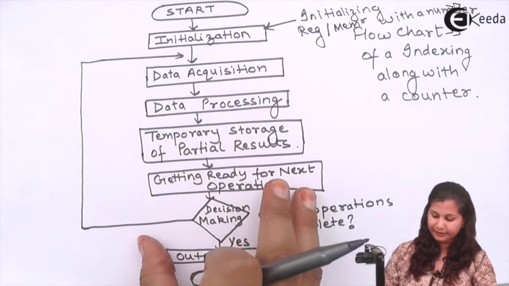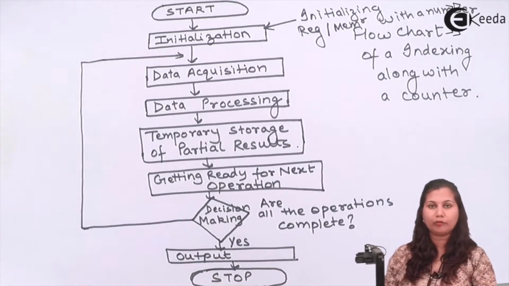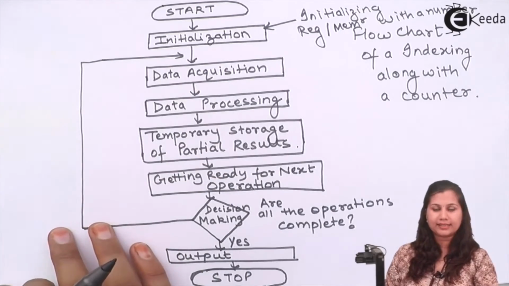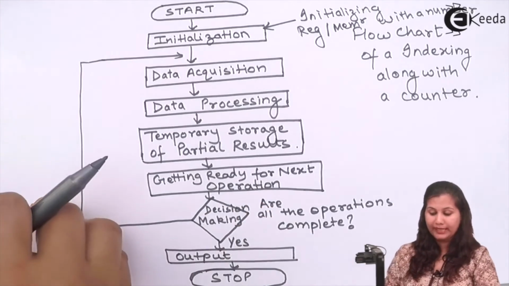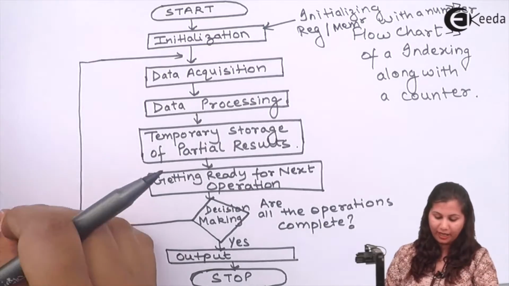And if all the tasks are complete, then it will display the output and stop the loop. Otherwise it will again repeat the same thing. Now this was indexing. Now how is indexing done using a counter? So let's study the counters technique for it.